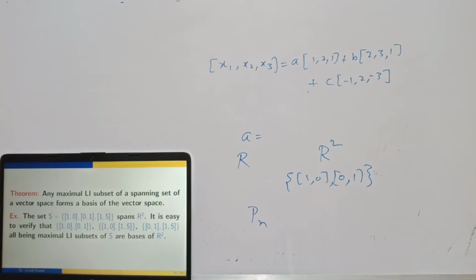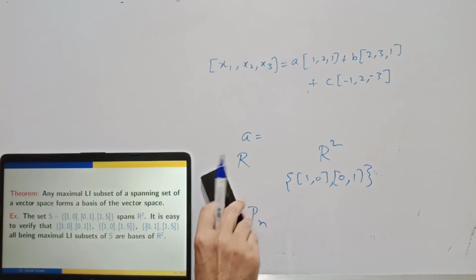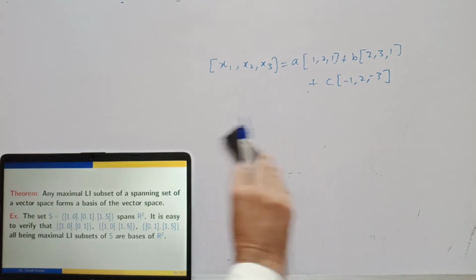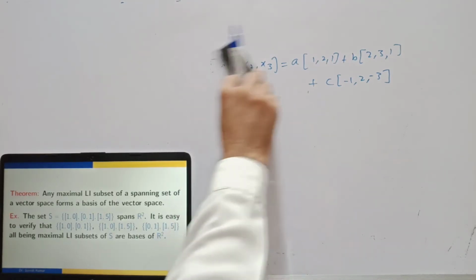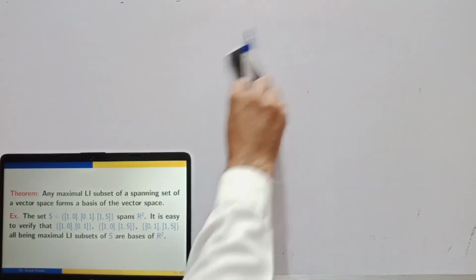From this you want to construct a basis. So how to do that? Find a maximal linearly independent subset. Maximal, you understand? Suppose there are 2 vectors which are independent in it. If you add a third vector, then it is not linearly independent.